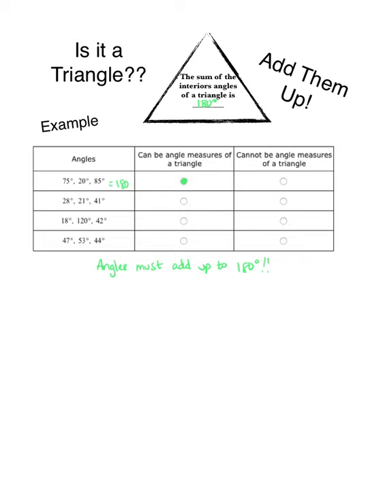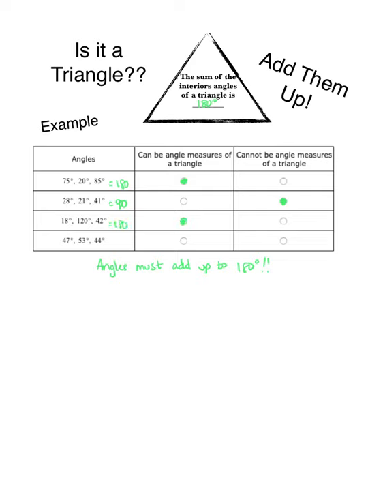Well, 28, 21, and 41, I know the answer is no, but I want to see what the exact measurement is. That only adds up to 90 degrees. Cannot be angle measures of a triangle. You have to add up to 180. Okay, 18 plus 120 plus 42 equals 180.